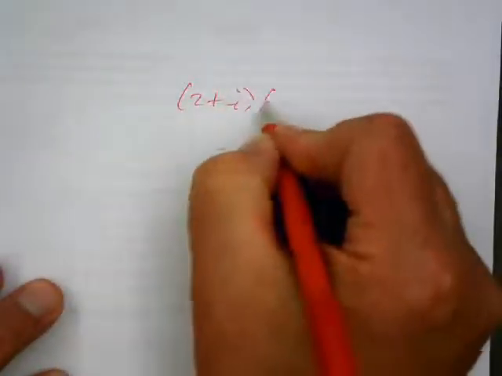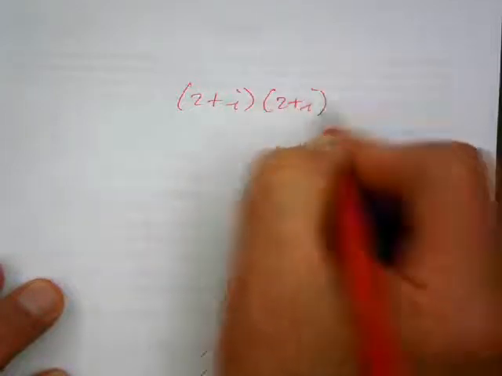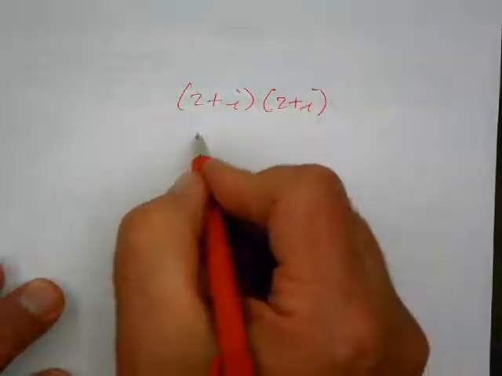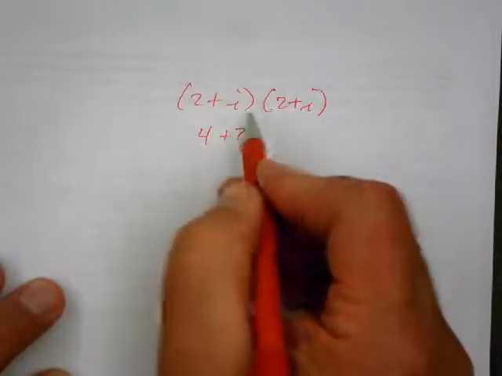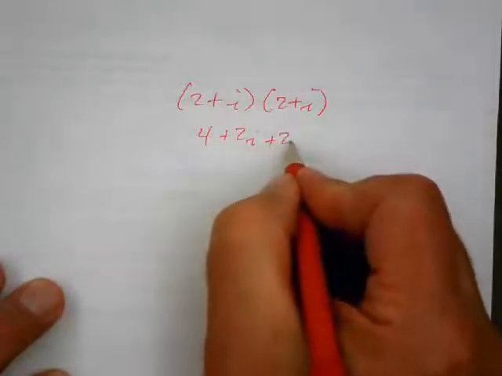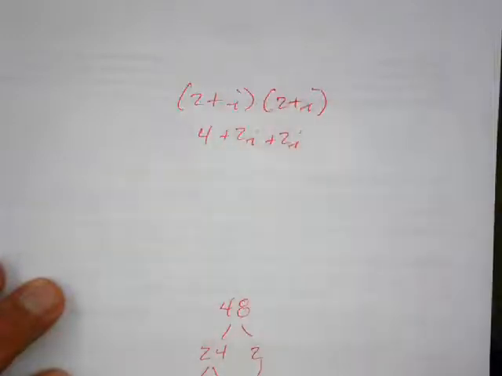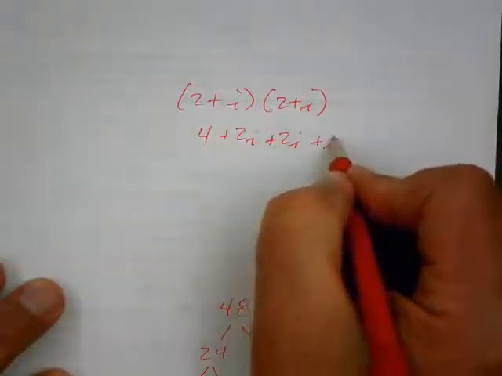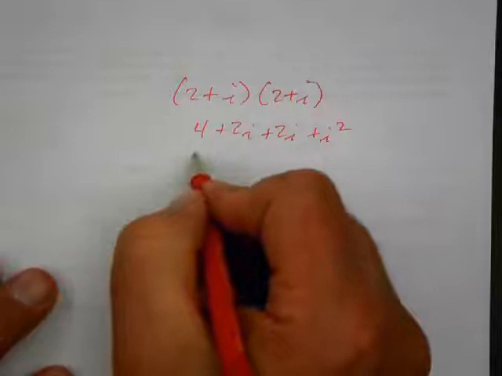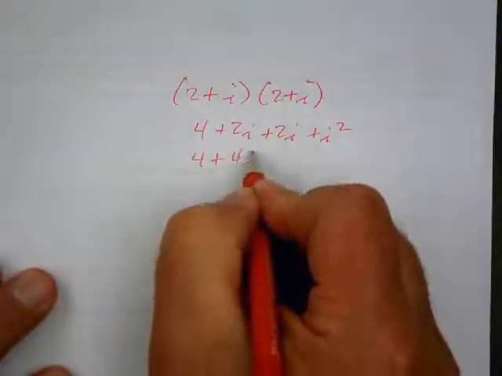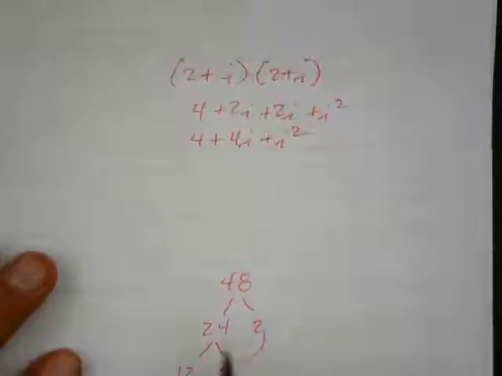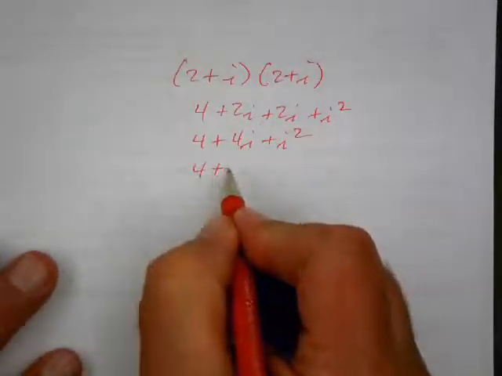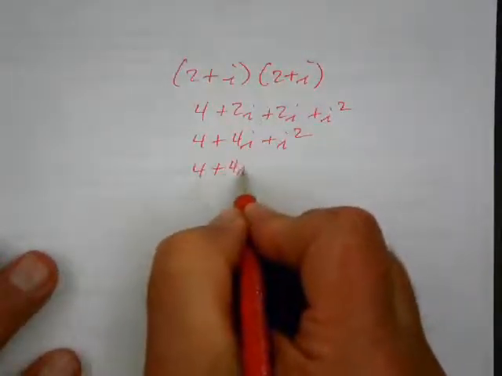So 2 times 2, that's 4. 2 times the i, that's 2i. i times the 2, that's 2i. i times the i, that's i squared. So 4 plus 4i plus i squared, but the i squared is -1. So 4 plus 4i minus 1 gives me 3 plus 4i.